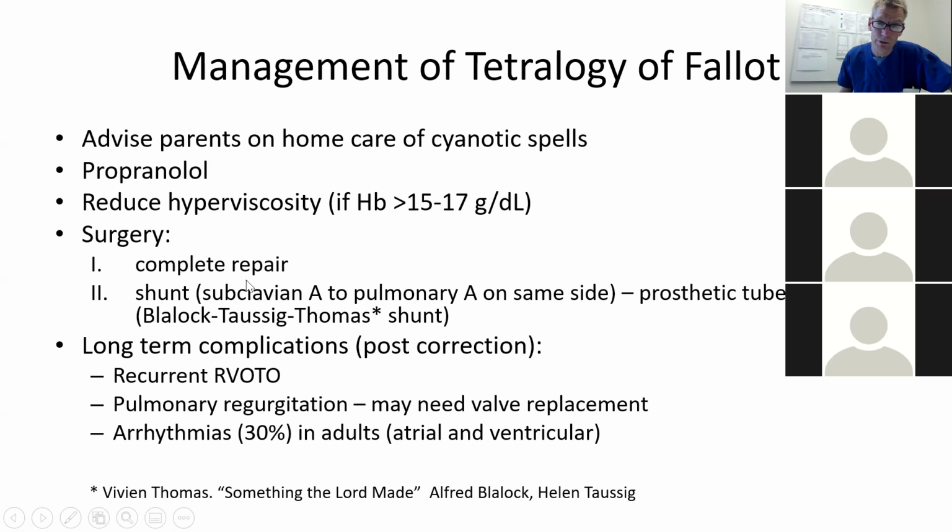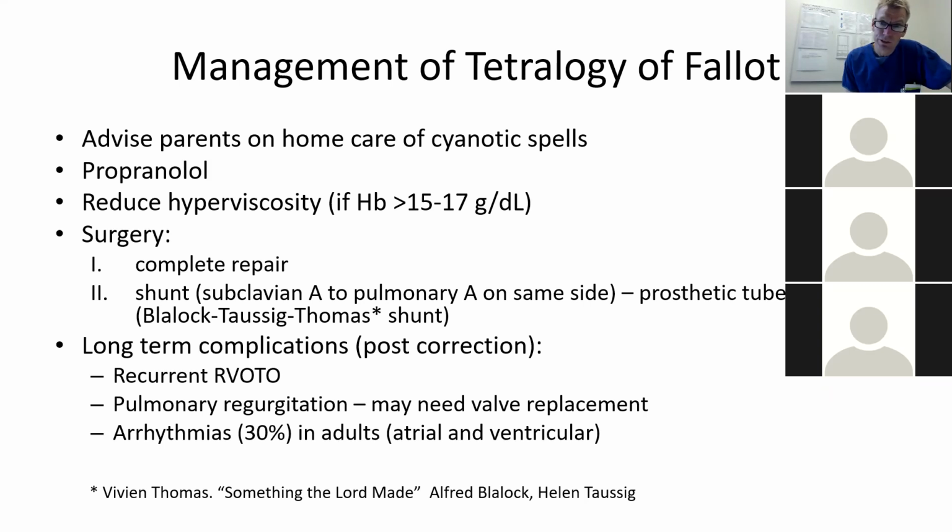The surgery I won't go into today, but they can either have a complete repair, that is the VSD is closed, the right ventricular outflow tract is opened up. They can have a complete repair, or they can have a shunt. And what that means is that instead of most of the blood that goes to their lungs coming through their pulmonary artery, they can have an aorta to pulmonary artery shunt.